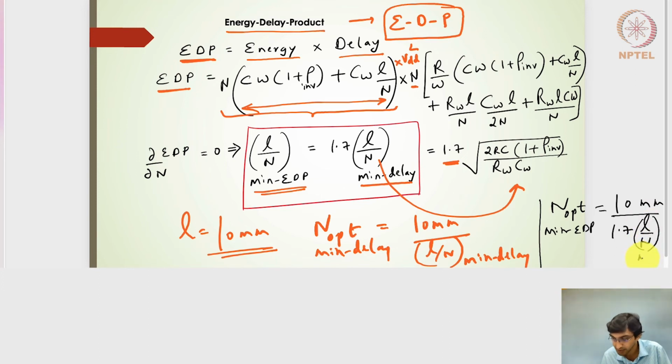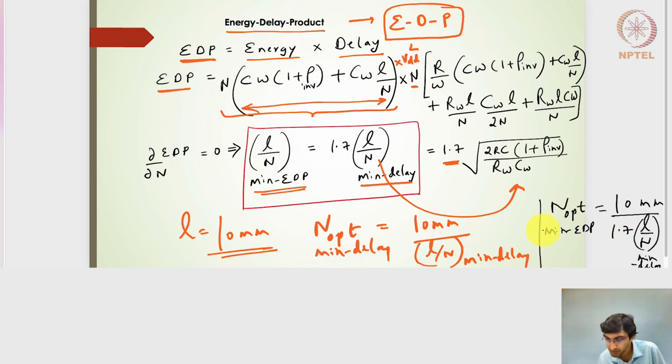That is what we had achieved for the minimum delay, right? So if L by N for the minimum delay was turning out to be 0.454 or something like that, in the denominator we have 1.7 multiplied by 0.454.